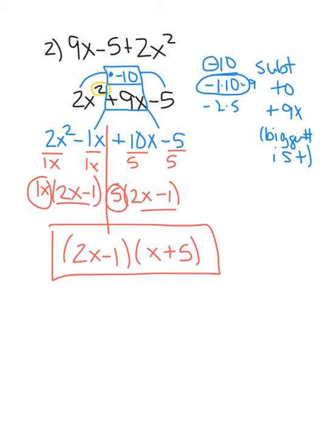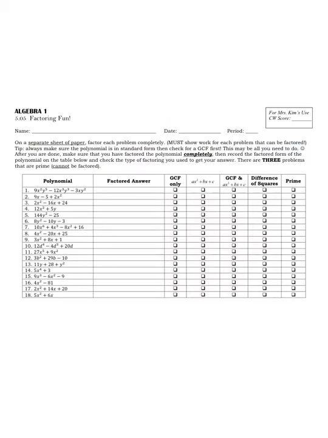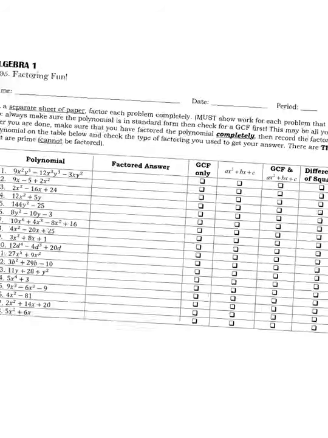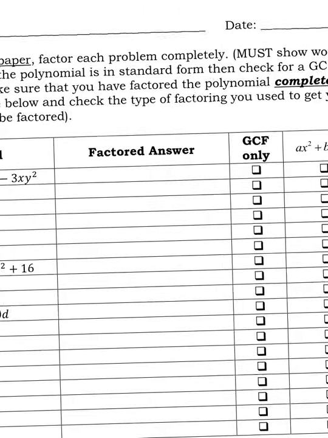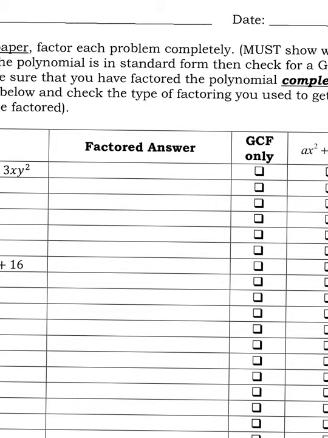So going to the thing here, I have a new sheet so we can fill in for number 2. So going down here at number 2, we're going to write our answer of 2x minus 1 times x plus 5. The answer for number 1 is on the previous sheet.